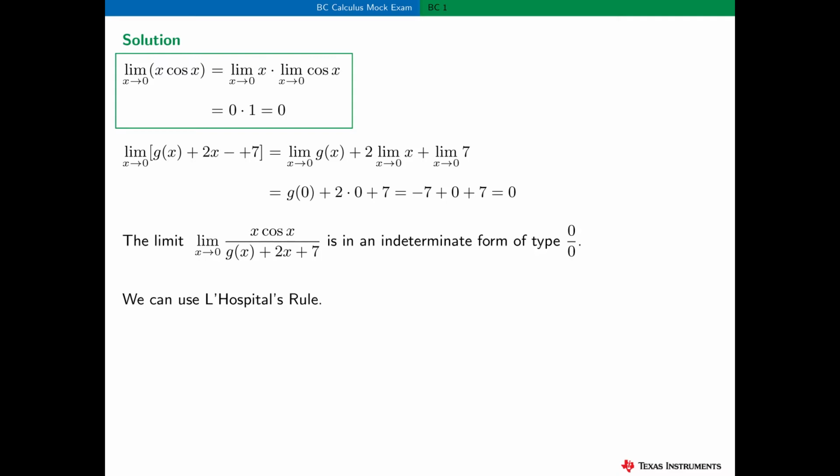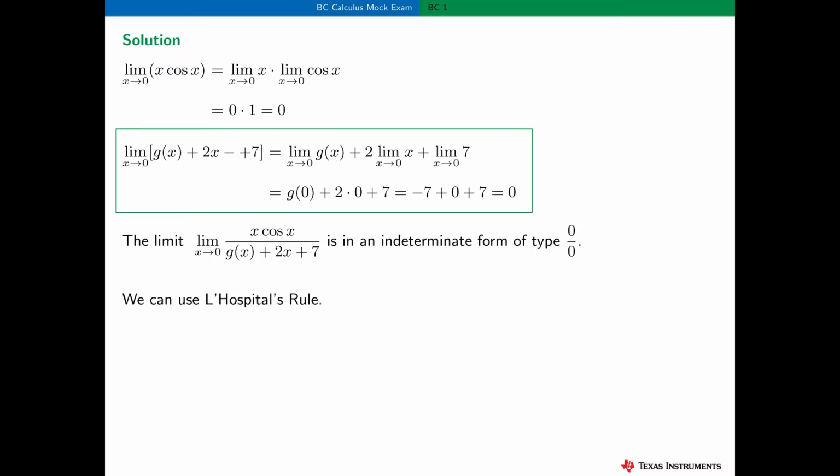So the limit in the numerator is 0. In the denominator, the limit of a sum is the sum of the limits, again, provided that the limits exist. The function g is continuous because it is differentiable. So this limit is g of 0 plus 0 plus 7, which is also 0.